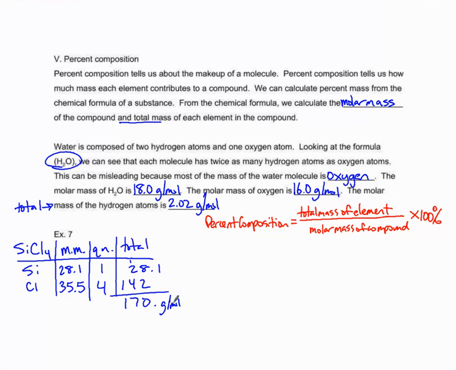So now let's look at our percentages. The percent silicon in this compound, the total mass of the element, 28.1, and the total mass of the compound, 170. Times 100 makes it a percentage, and it comes out to 16.5% by mass.